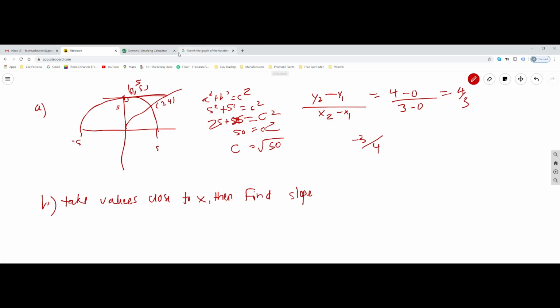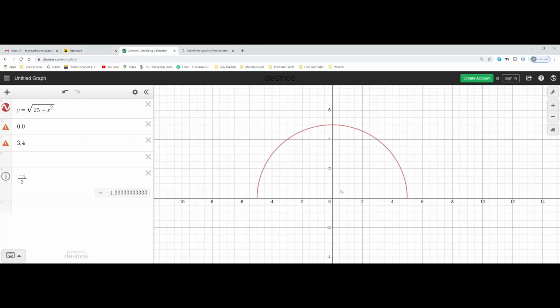And this point is the point that we should use in order to find the slope. So if we look at the graph, it will roughly be this point. And that will be 3 and 4.